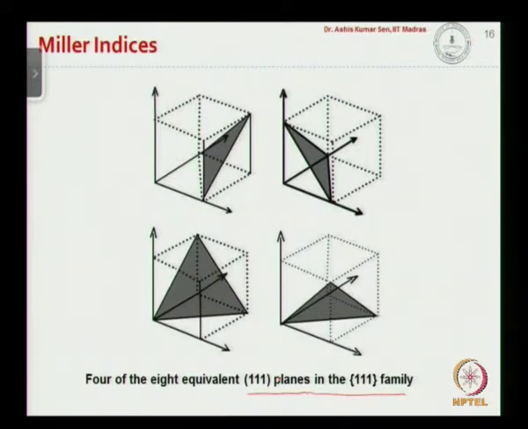It is basically the plane connecting these two vertices and then connecting the third vertex here. Similarly, we can have the opposite diagonals connected and then connected to this vertex. If you create planes in this manner, we would get 8 different 111 planes, and 4 of such planes are shown here.